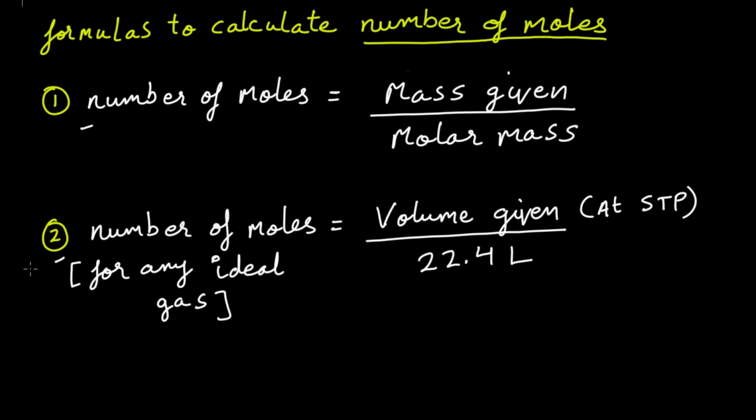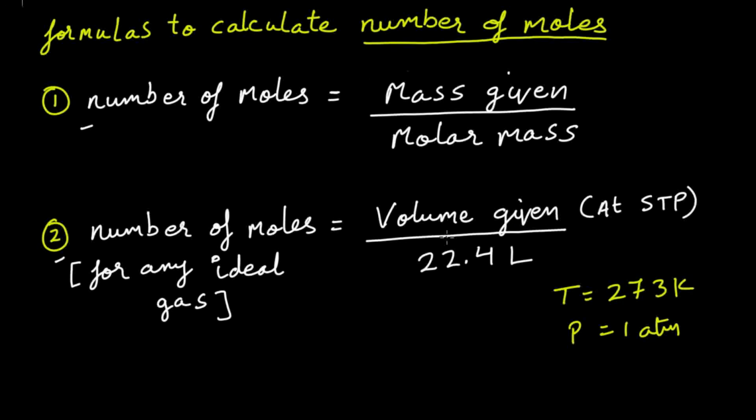Let's see the second one. Second is number of moles is equal to volume given upon 22.4 liter at STP. By STP what we mean? Standard temperature and pressure, where temperature will be equal to 273 Kelvin and pressure will be equal to 1 atmosphere. Right? This formula can be used for any ideal gas. And generally volume is always given in liter.